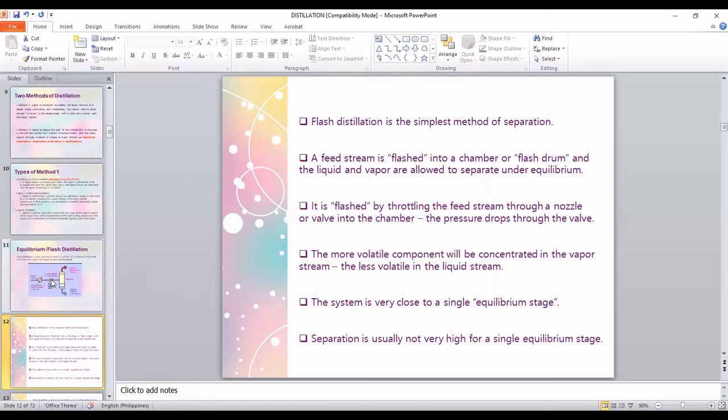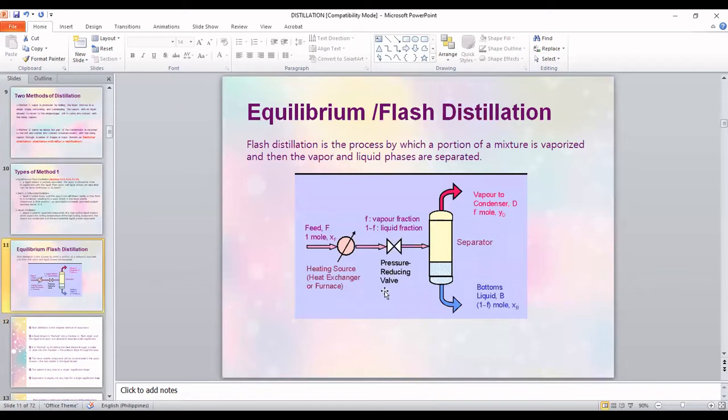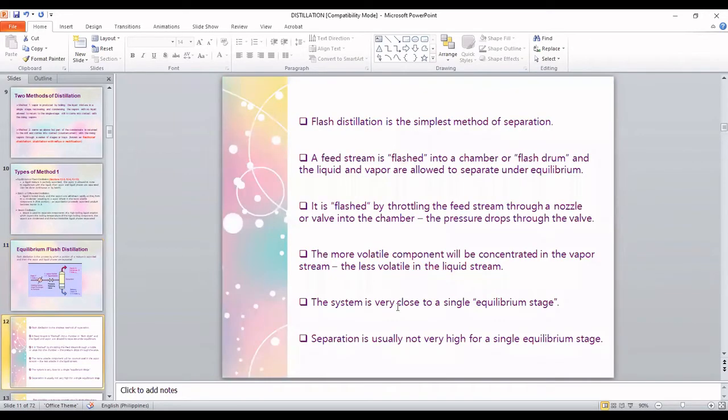So you could see here a throttling device, a pressure reducing valve, prior to your mixture of vapor and liquid being separated here in your flash drum or in your still, your flash distillation tower or column. But before that, you have this particular throttling device, a pressure reducing valve, as mentioned in here.